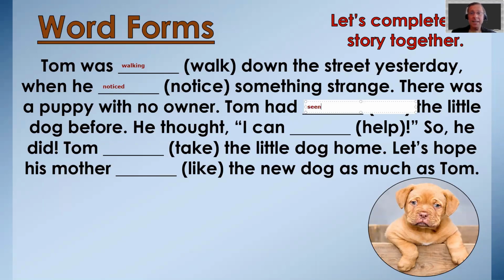Tom had seen the little dog before. He thought, I can help. So he did. Tom took the little dog home. Let's hope his mother likes the new dog as much as Tom. Okay, so you can copy down those answers and you can practice on your own.